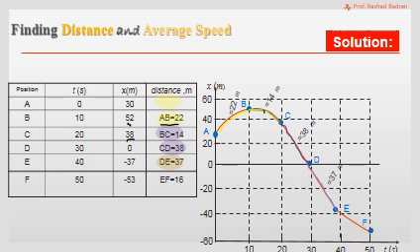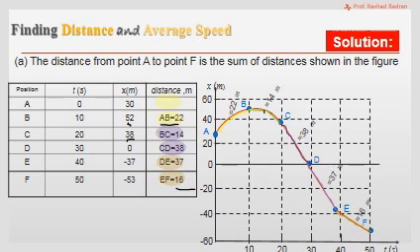And similarly, the absolute value of D minus E is 37 for DE, and then we put it on the curve. In a similar manner, we can calculate the distance as the absolute difference between E and F, which is 16, and then put it on the curve.